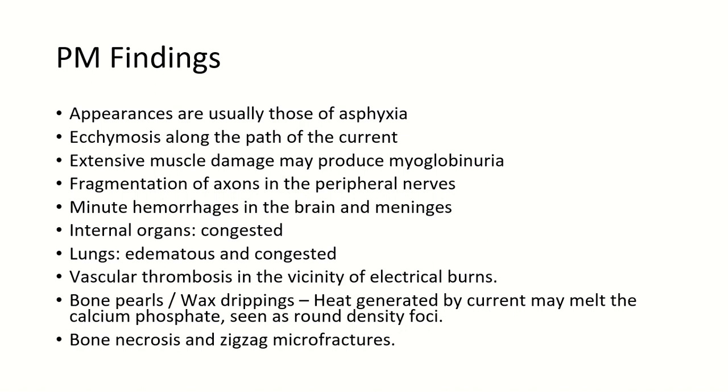Internal organs are congested, lungs are edematous and congested. Vascular thrombosis in the vicinity of electrical burns. Bone pearls or wax drippings, bone necrosis and zigzag micro fractures. So these are the findings of the post-mortem.